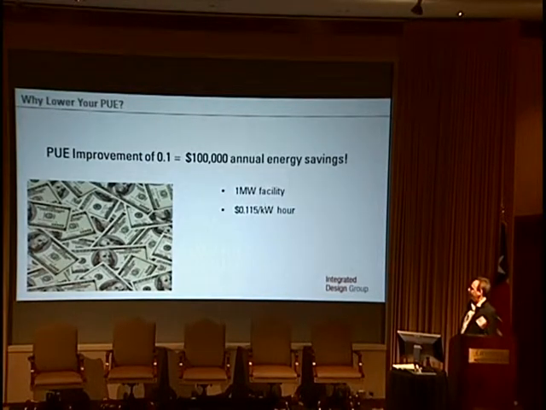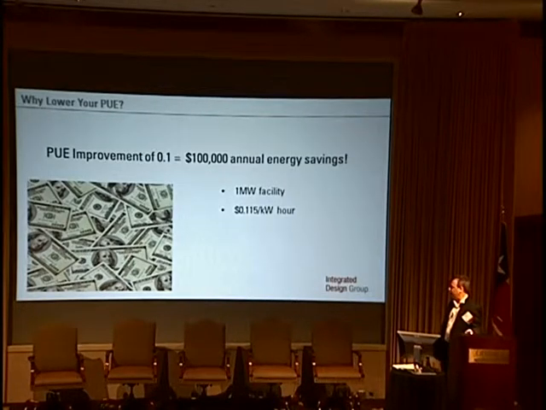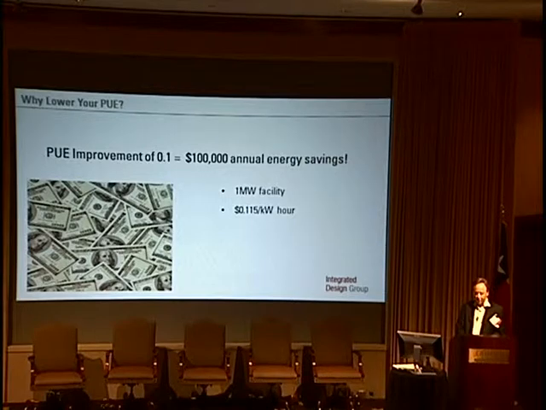But you have to remember that that would be improvement of a specific data center and not something that you could compare, well, if this data center in Phoenix is 0.1 better than this data center in DC, then I'm going to save $100,000 a year. That doesn't work that way because your power costs may be different and everything else may be different, your capital costs and all that as well.